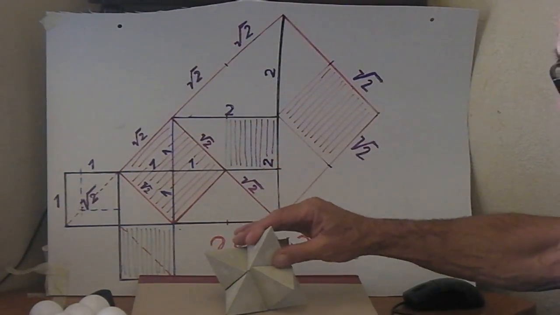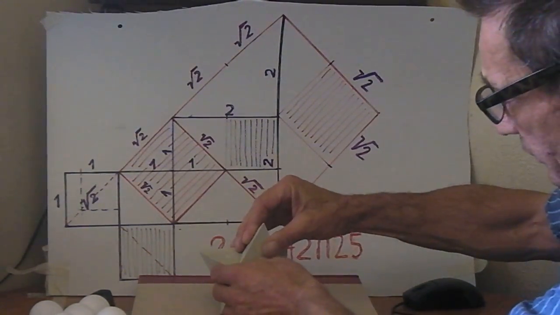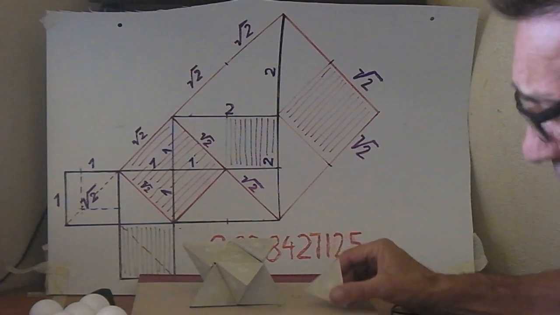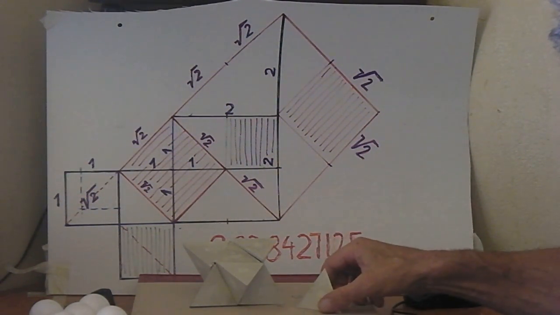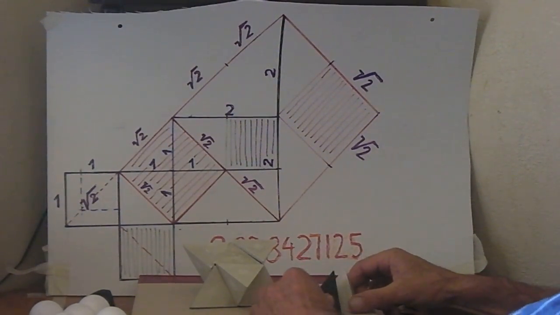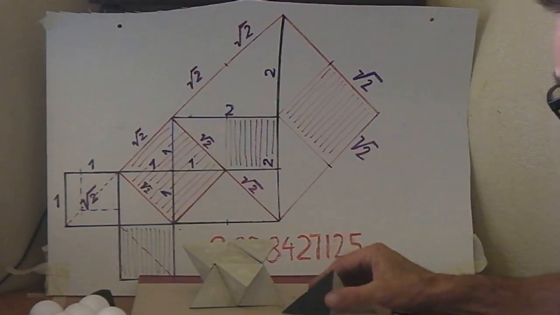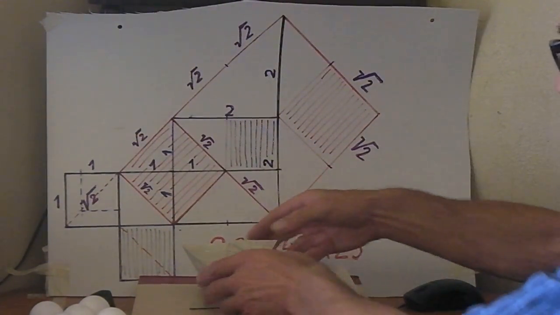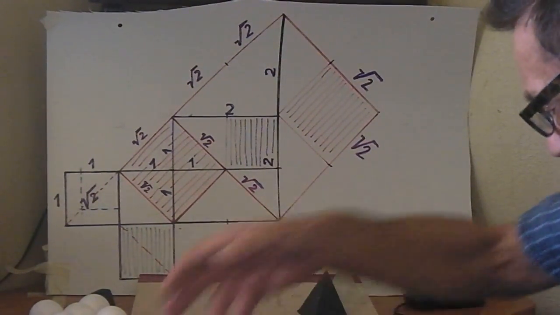So if a regular tetrahedron is our volume unit, then a quarter octahedron is going to be the same volume, that's like this, same volume.